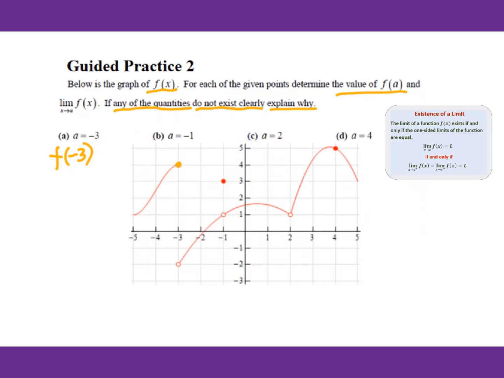We do have this closed circle. That is 4, so we get 4. For the limit, when you check whether the limit exists or not, you have to make sure the left side and also the right side. So the limit as x approaches negative 3 from the left side: this is the left side graph, so as we approach negative 3, you will get 4.